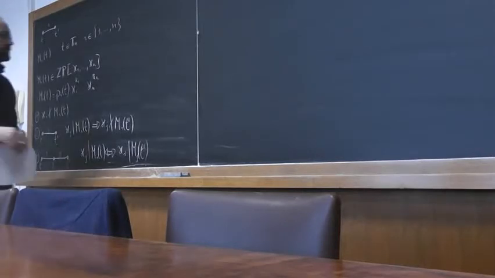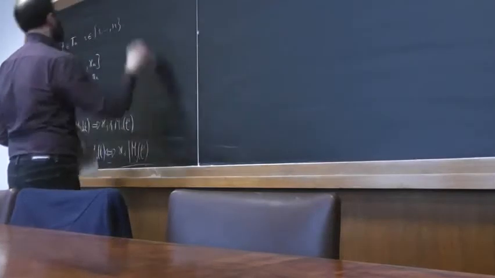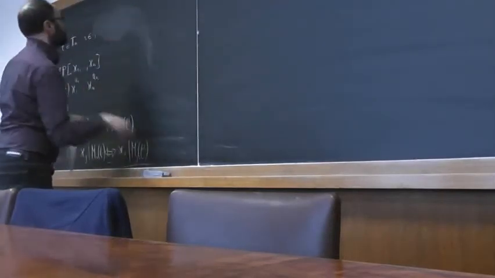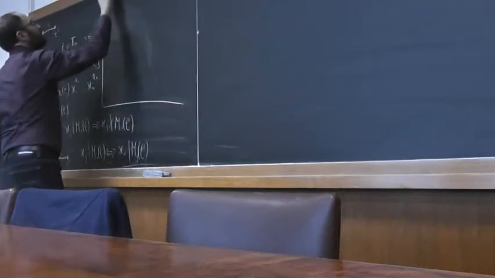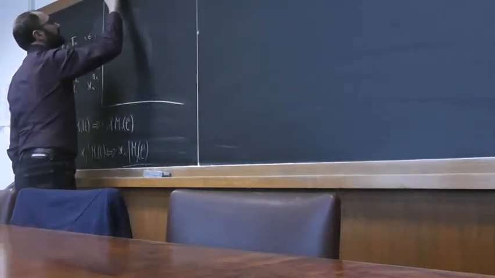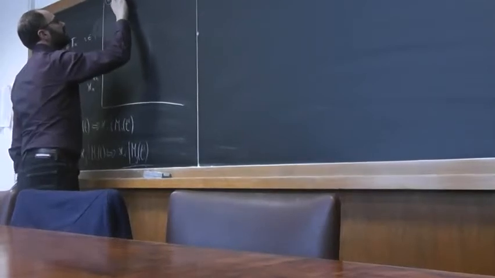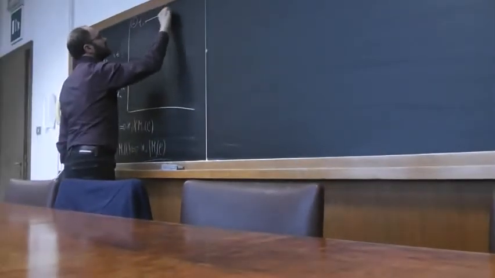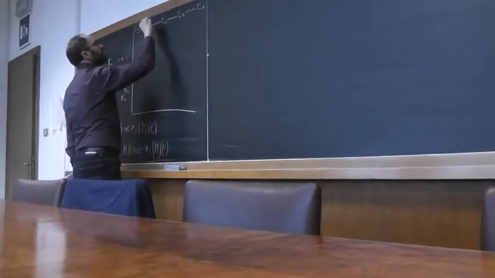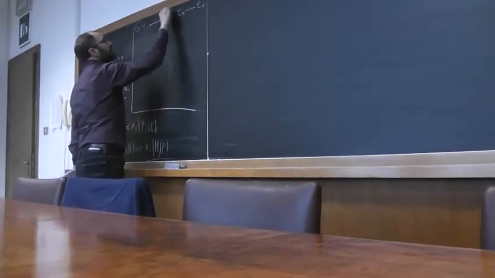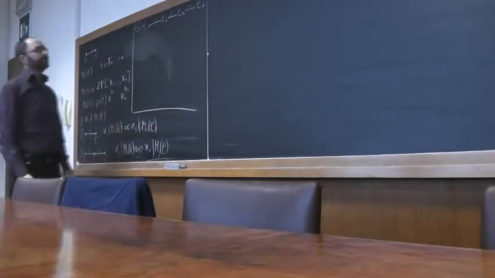Then we had axiom 4. Maybe I write it here in the first blackboard. Axiom 4. We have 4 vertices, t1, t2, t3, t4, with labels i, j, i.